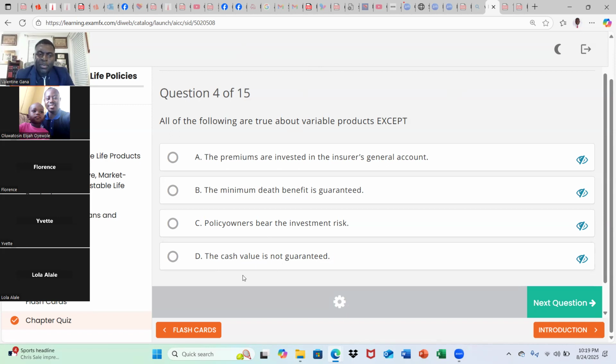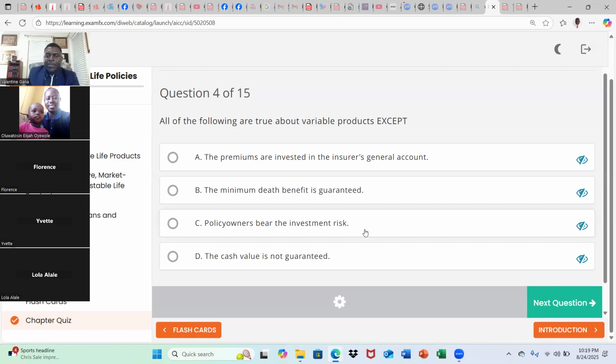Yes, correct. Policy owners bear the investment risk for variable products. Remember, with variable products, they choose to put their money in the variable market, in stocks and all of that. They bear the risk of the investment.